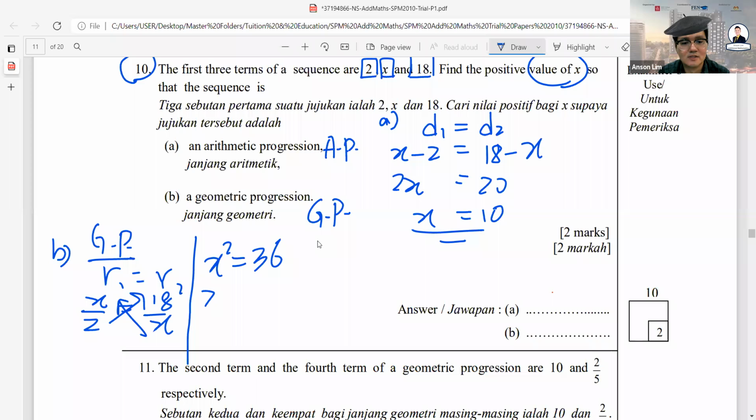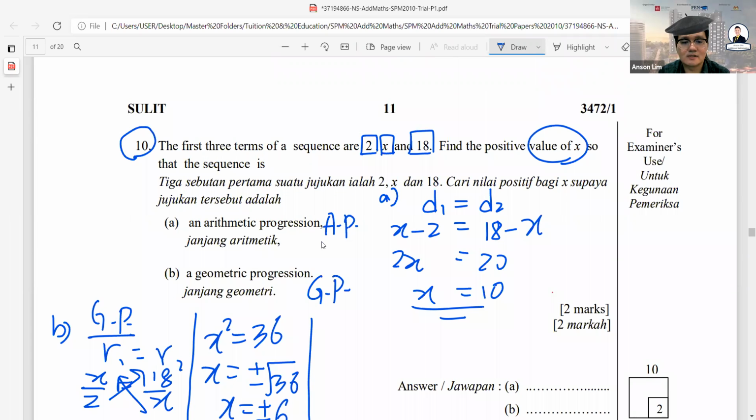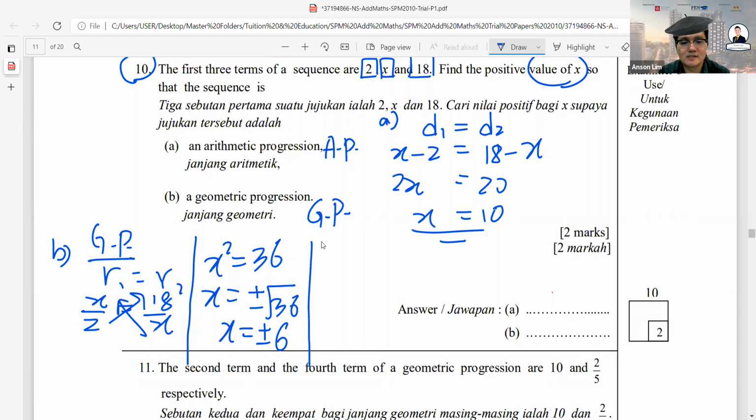So x equals positive or negative 6. So the answer has two answers. But if you say x is 6 or negative 6, negative 6 is not possible, because they say positive value. So x equals negative 6 should be rejected. If you want to do it this way, that's how you present the answer.